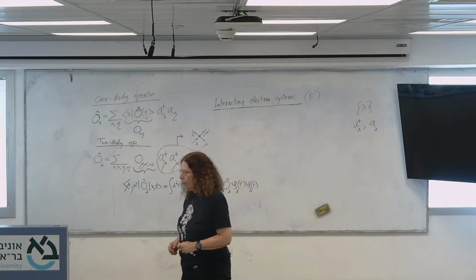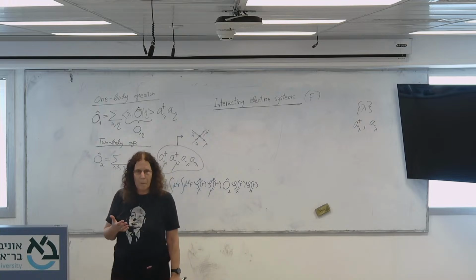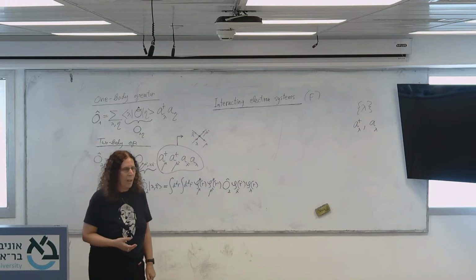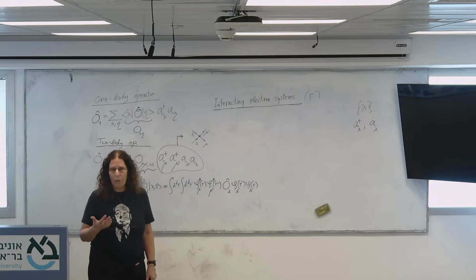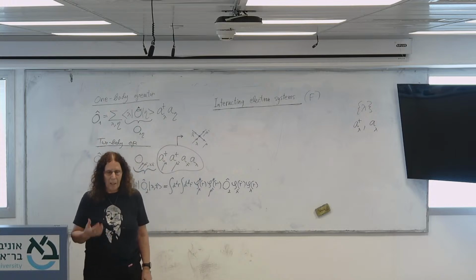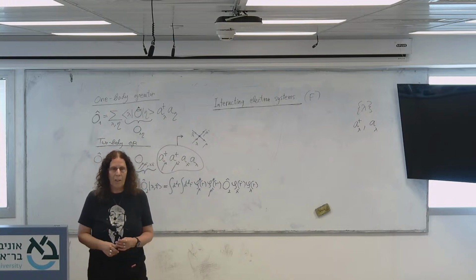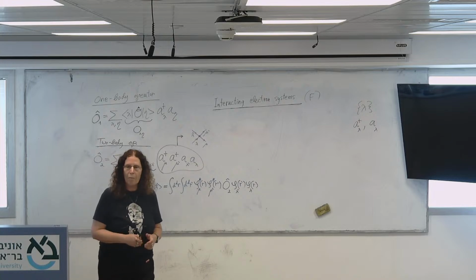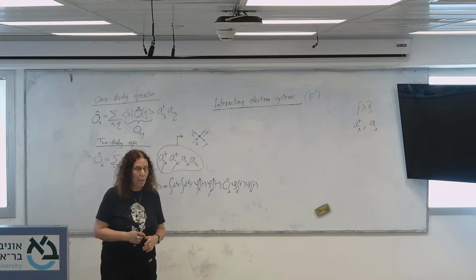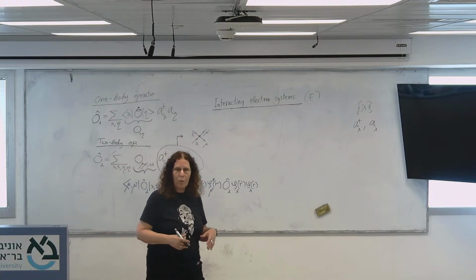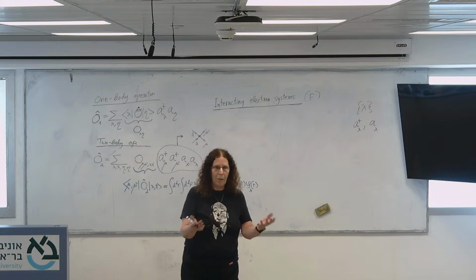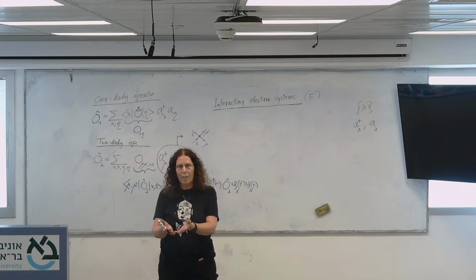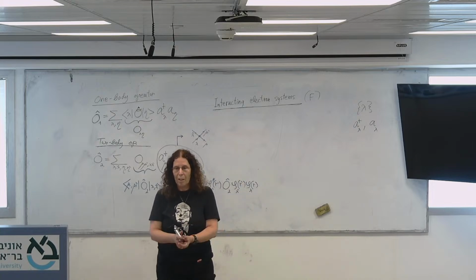But one of the major problems is that electrons are electrically charged and they are interacting. And these interactions are very strong. In fact, it is not negligible, although most of you, I guess, already studied solid state, right?